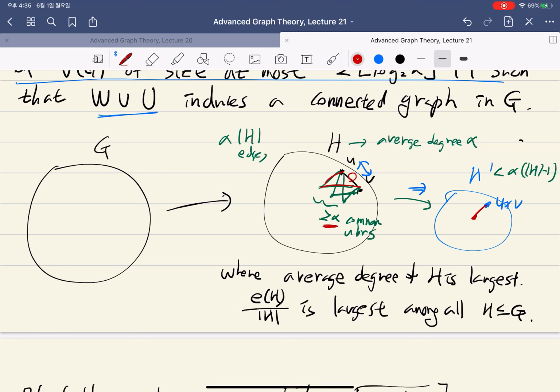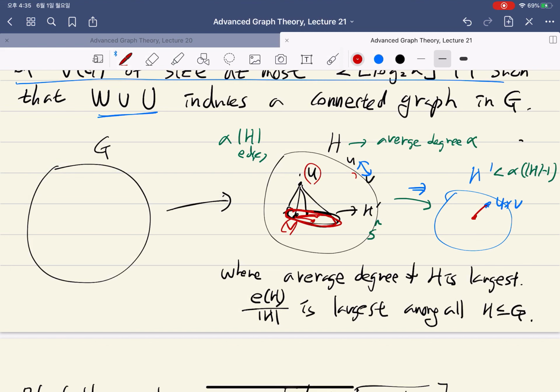Then here you have two vertices, and if you know that they have many common neighbors, what you can do is take u with a minimum degree here, and let's say this is the graph H we get. Then by the same logic as before, u and v together have many common neighbors, meaning that v has many neighbors inside of here.